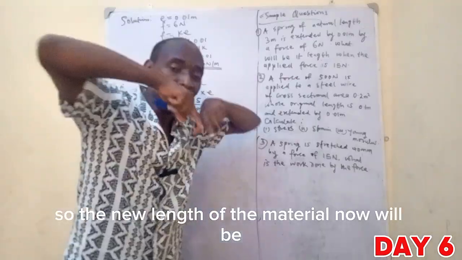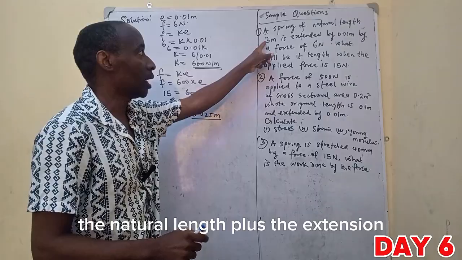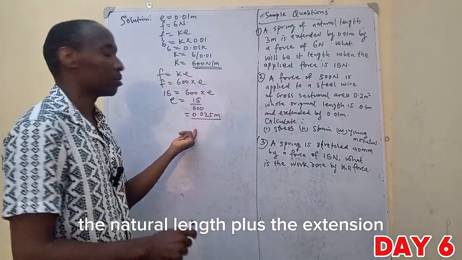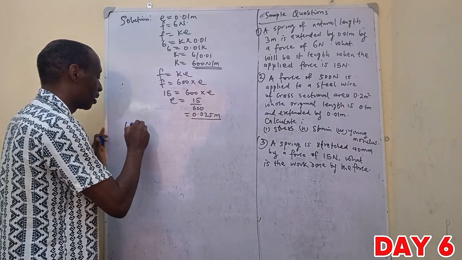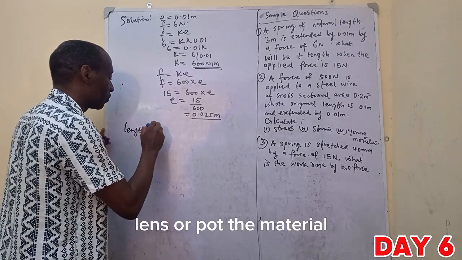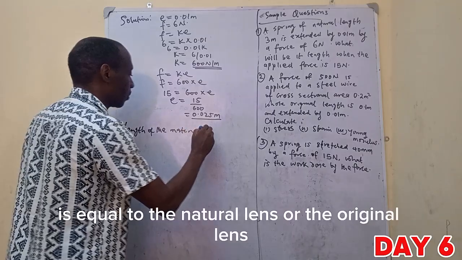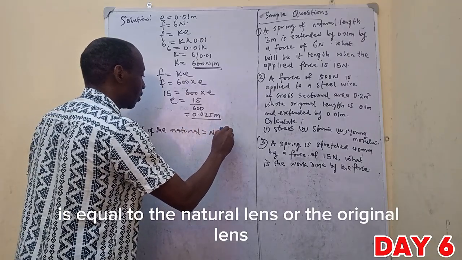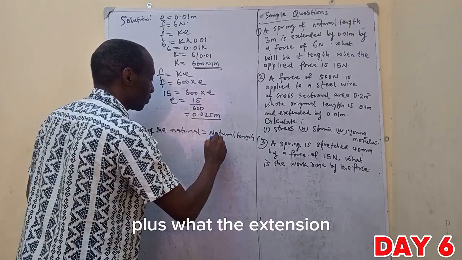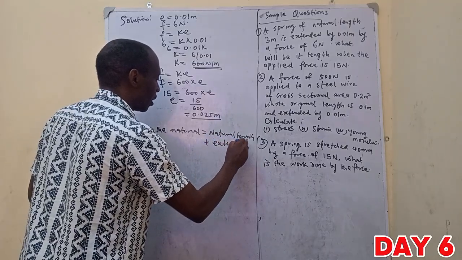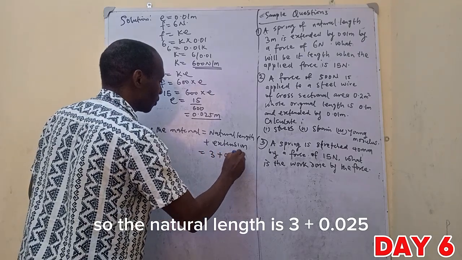So the new length of the material now would be the natural length plus the extension. The length of the material is equal to the natural length, or the original length, plus the extension. So the natural length is 3 plus 0.025.